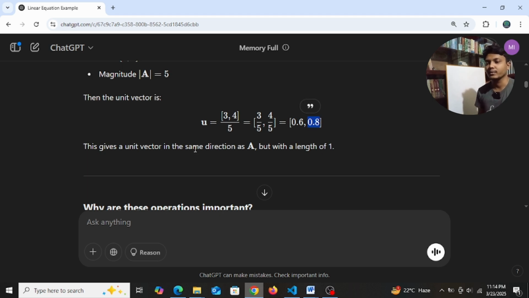This gives a unit vector in the same direction as a, but with a length of 1. So in a length of 1, you can see what proportion this represents: 0.6 and 0.8, out of 1.